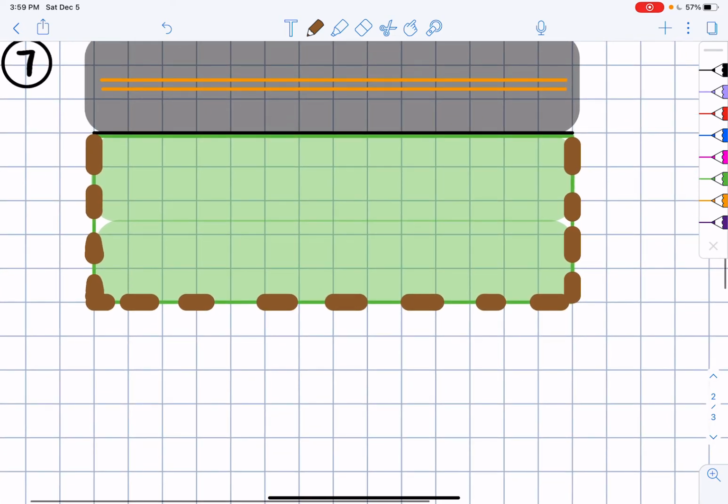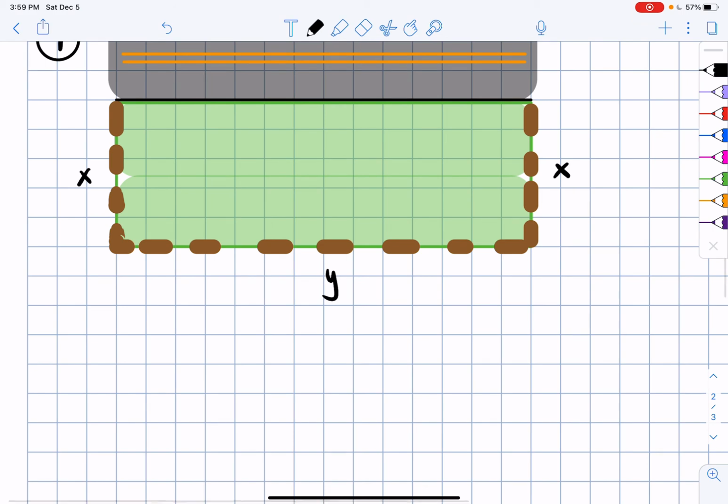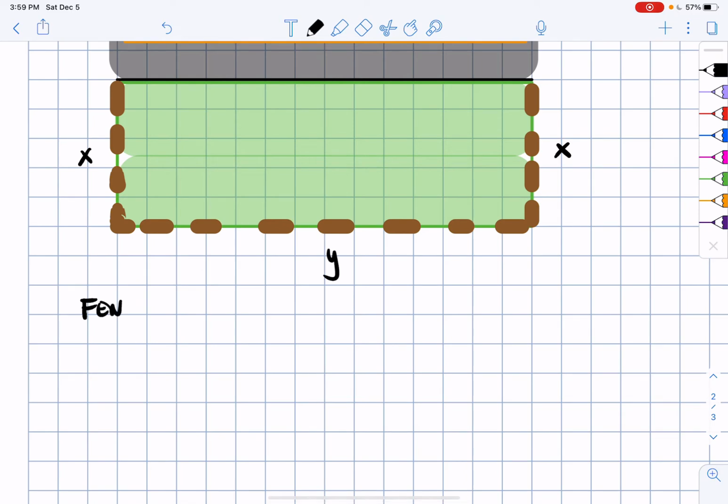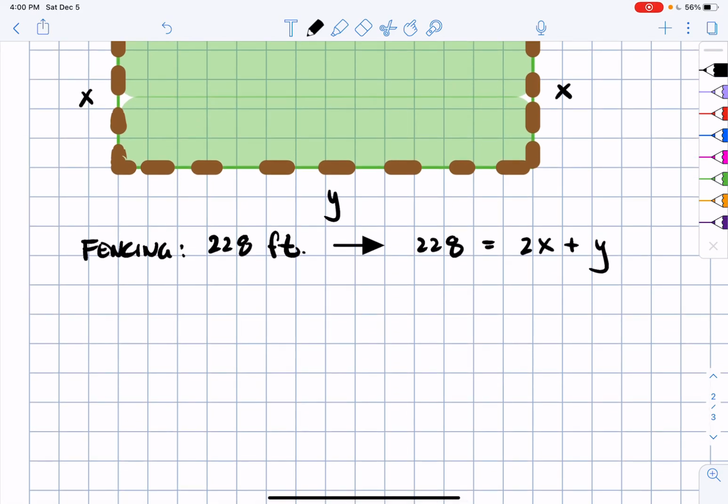So I'm going to call this side X. That means that side will be X and this side is Y. The amount of fencing I have is 228 feet. So the 228 feet is going to equal my 2x's plus my y. So that's what my fencing is going to be.